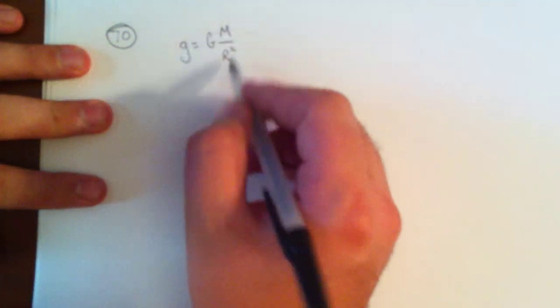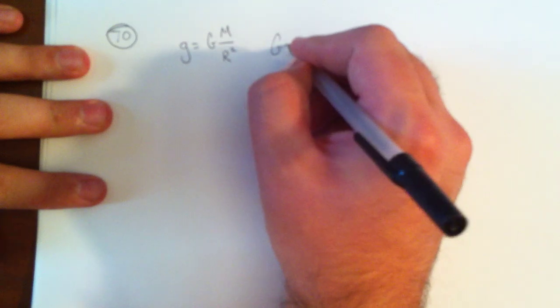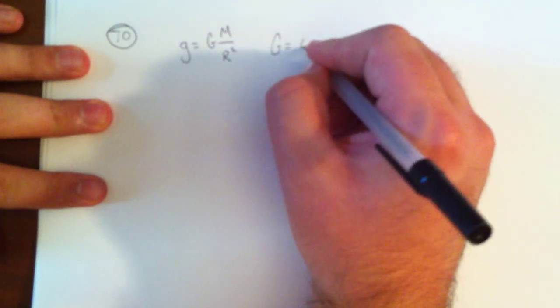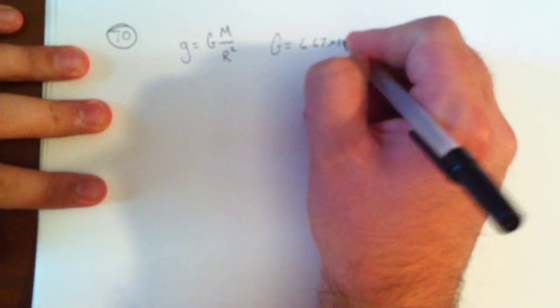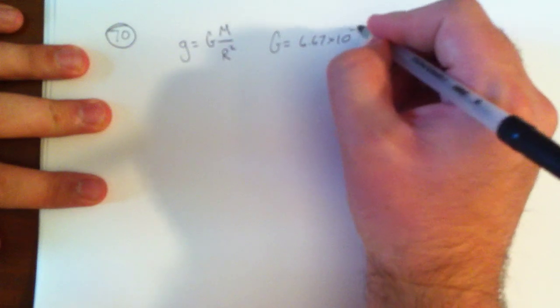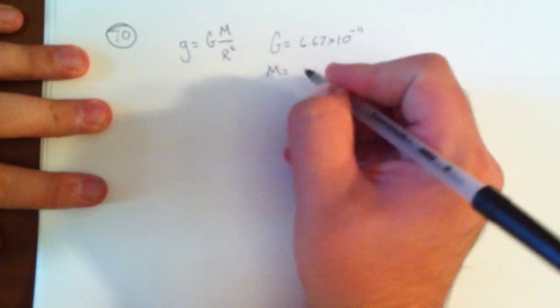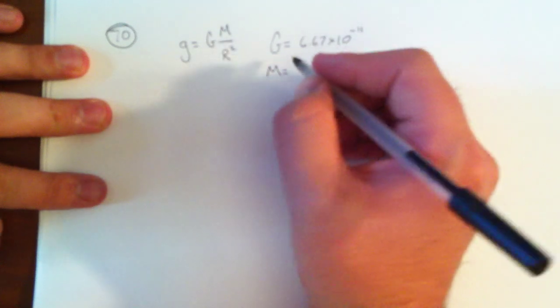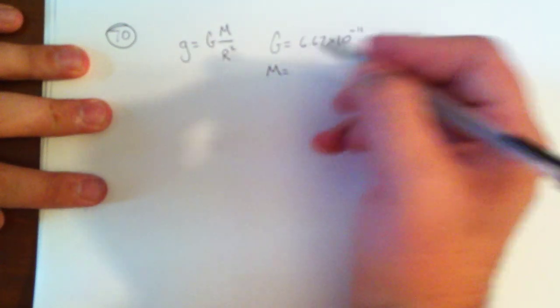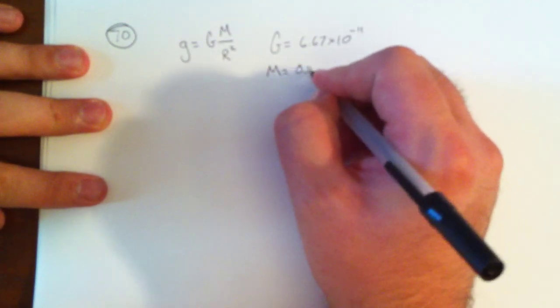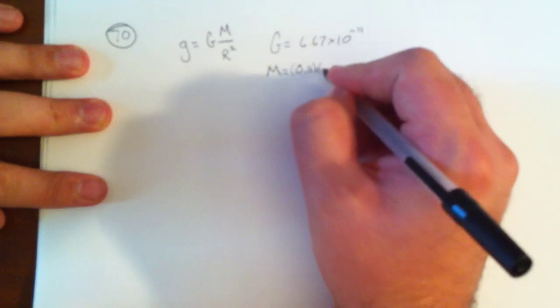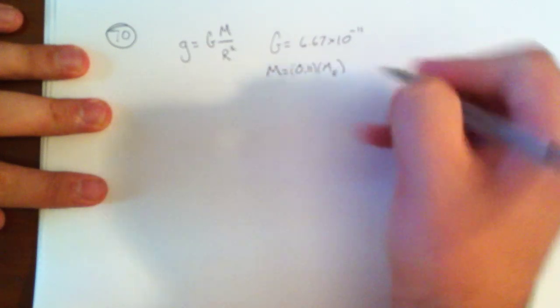It tells us that we need to figure out what these are. We already know what G is. It's a constant, 6.67 times 10 to the negative 11th. M is going to be the mass, so we know that it's 0.11 times the mass of Earth.